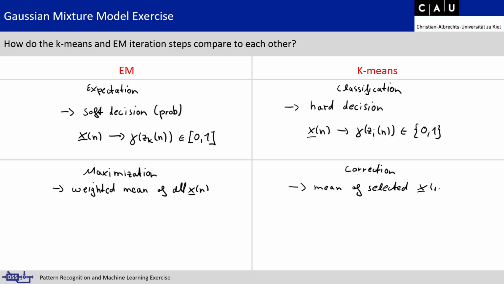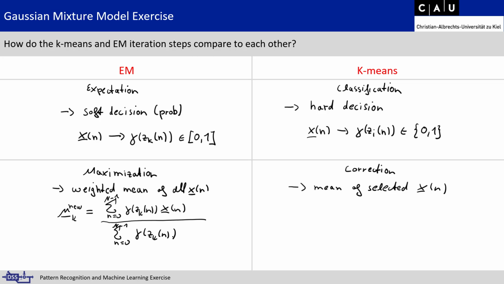But let's see what this was in formula. So the update for our mean was that we look at the sum over all feature vectors weighted by our classification probability, normalized to the sum of the classification probabilities.